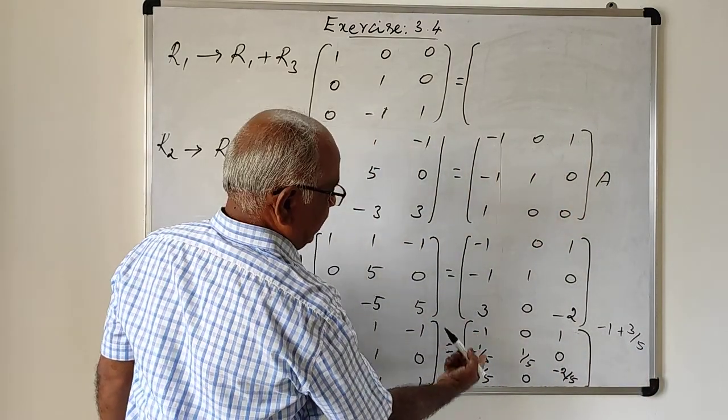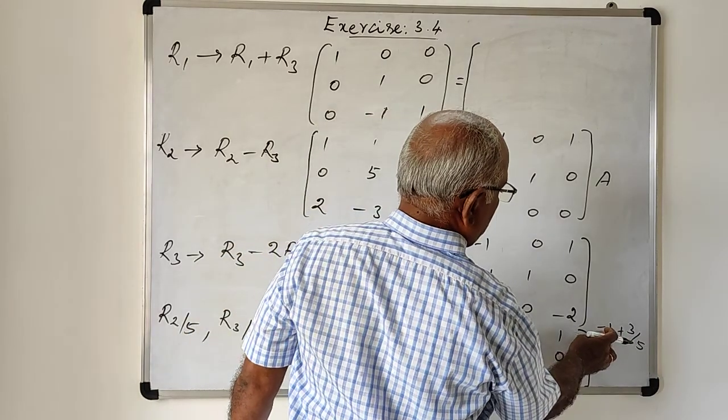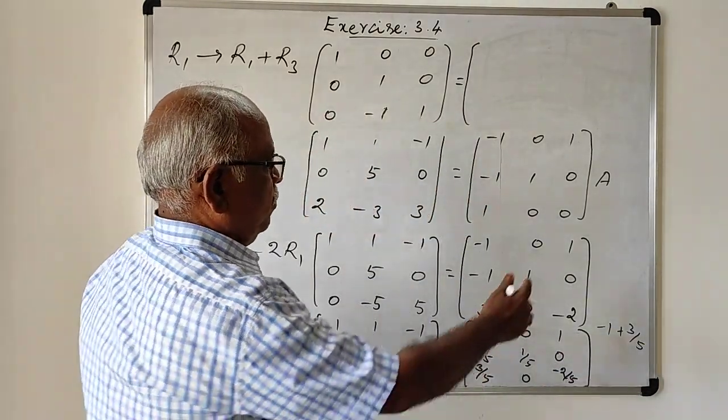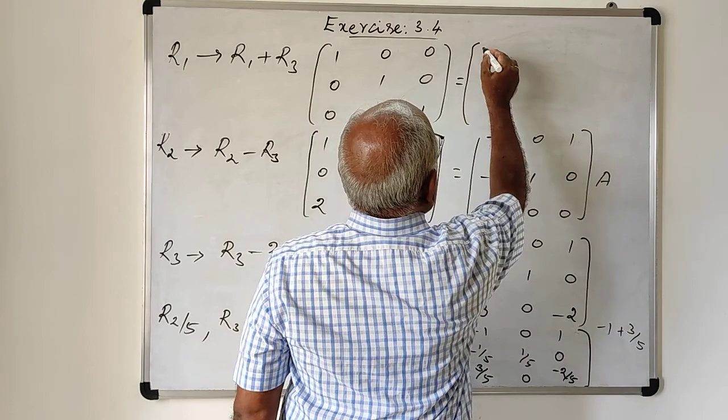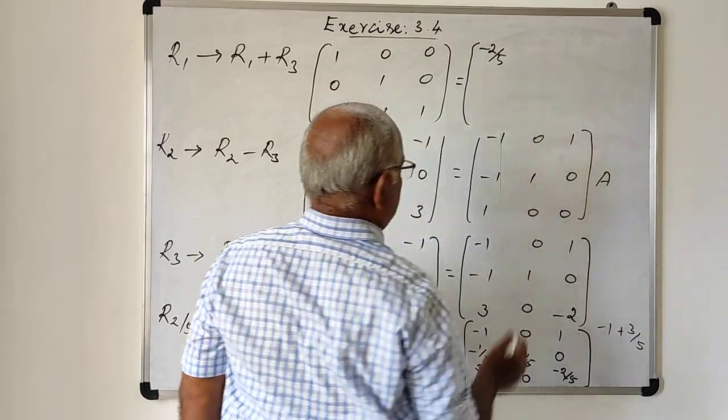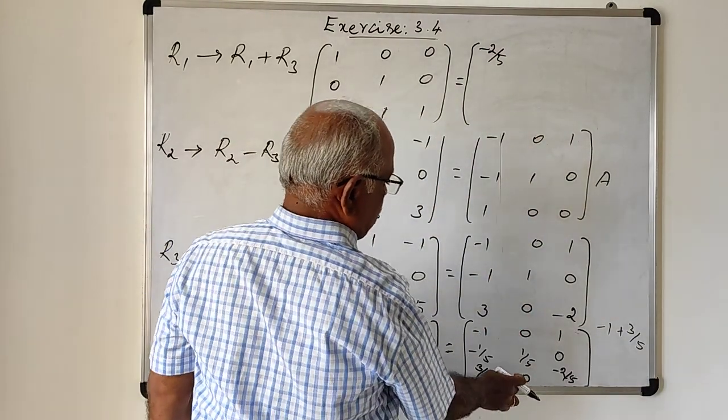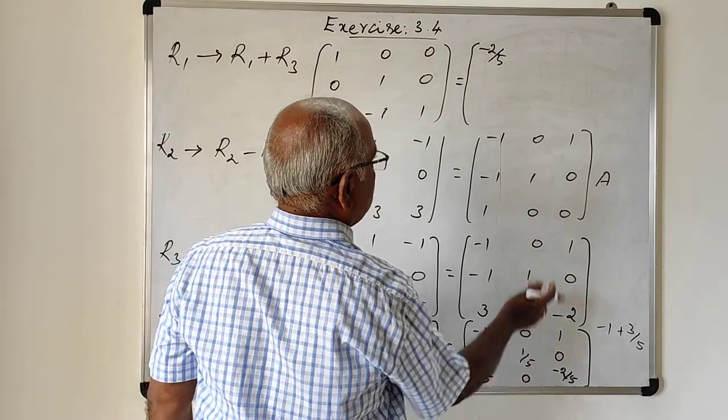R1 plus R3: minus 5 plus 3, minus 2 by 5. Similarly, 0 plus 0, 0.